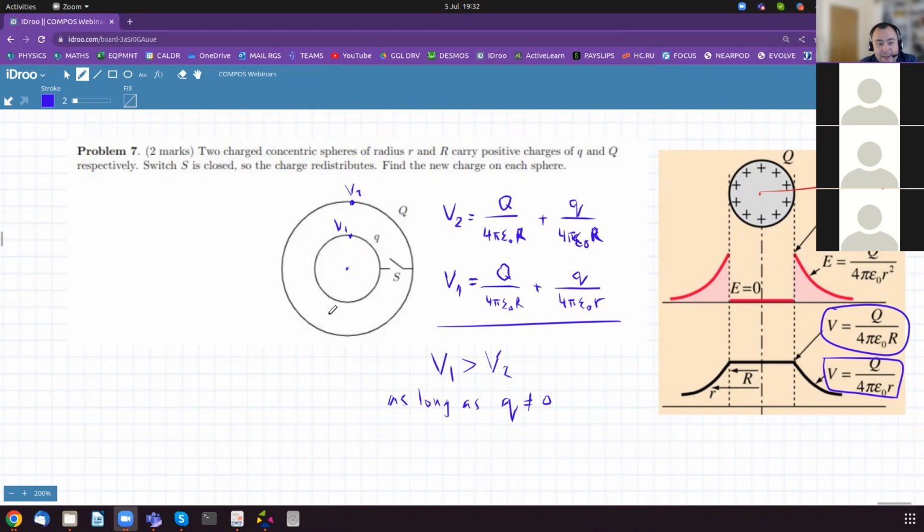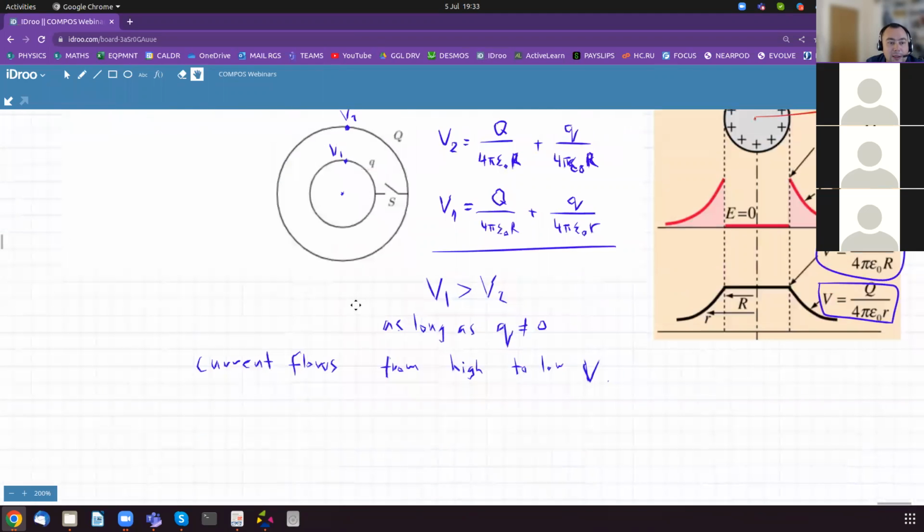And that implies that as long as there is charge on the inside sphere, charge always flows from high potential to low potential. Current always flows from high potential to low potential.